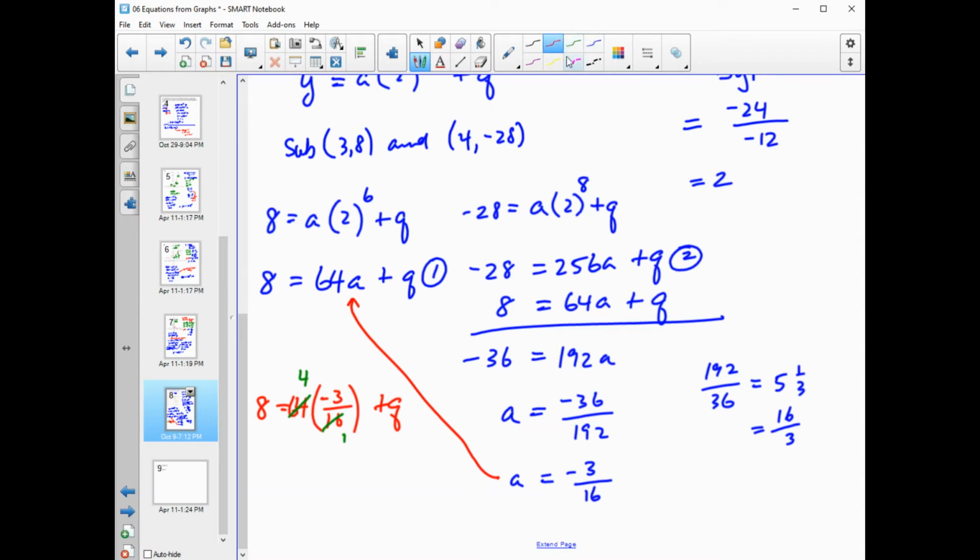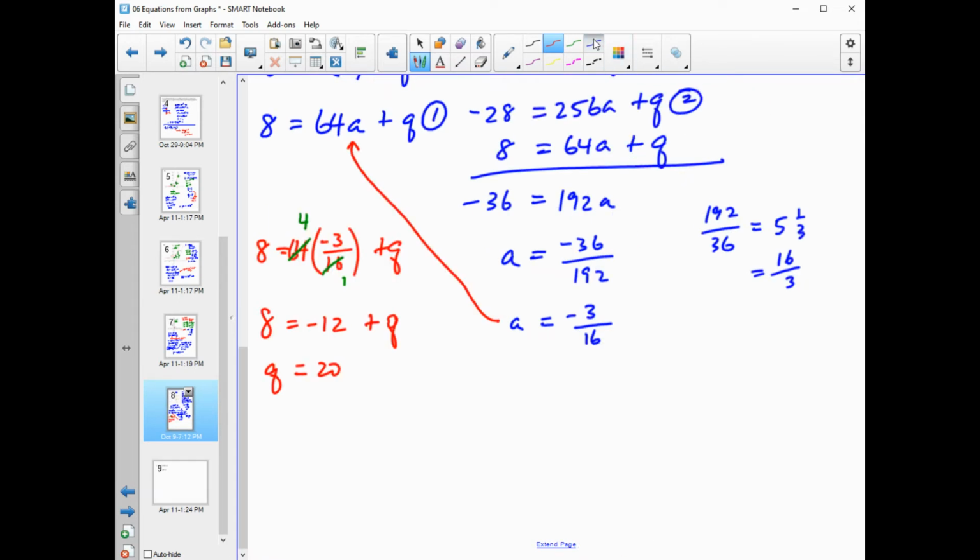So this works out to be 8 equals 4 times negative 3, which is negative 12, plus q. So q equals 20. Now we have all of the components for our equation.